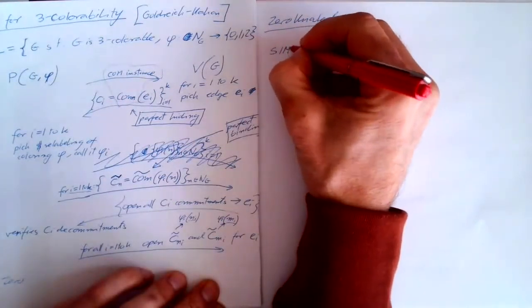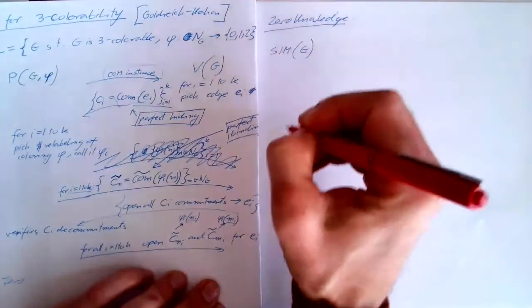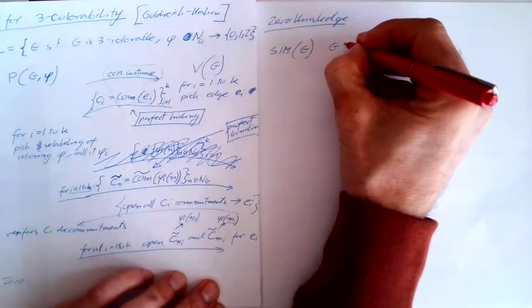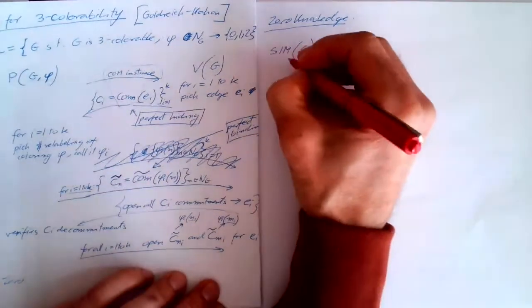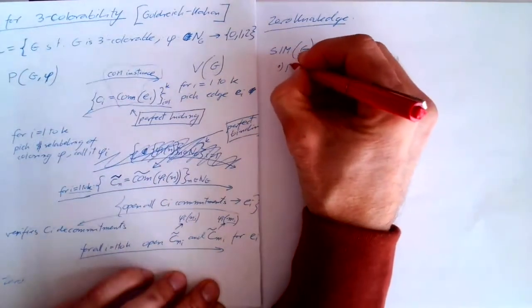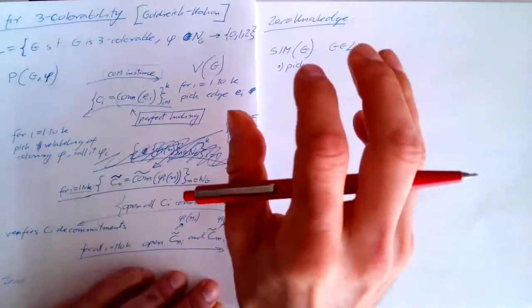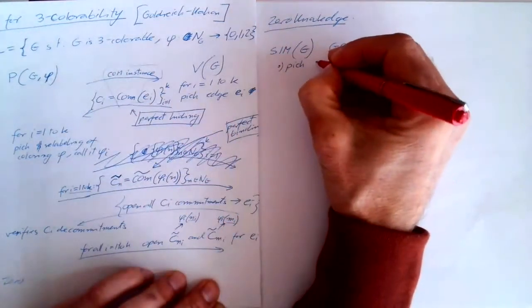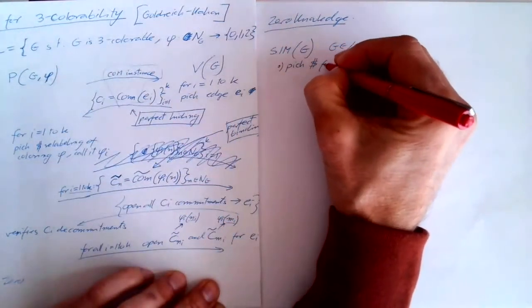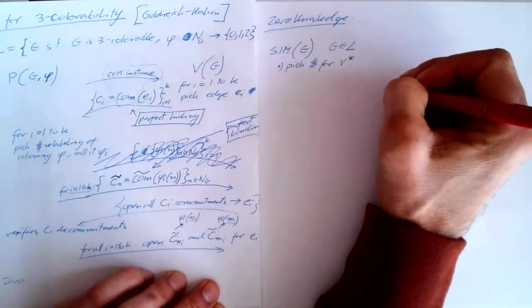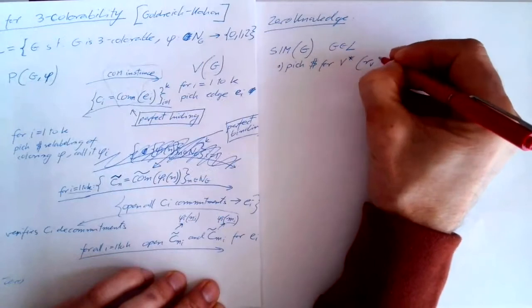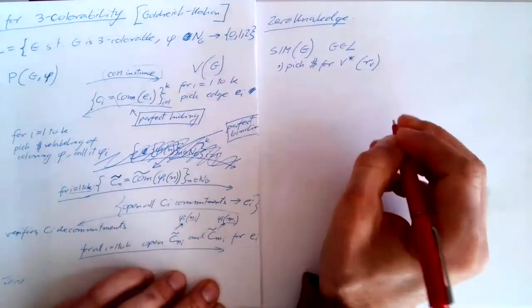So a simulator having just a graph, and no coloring. What can we do? Well, as in the case of that 3 round CRS proof, first of all, pick randomness for V star, call it RV.